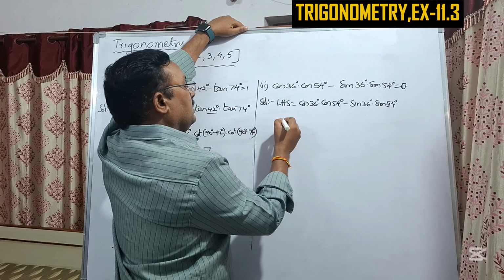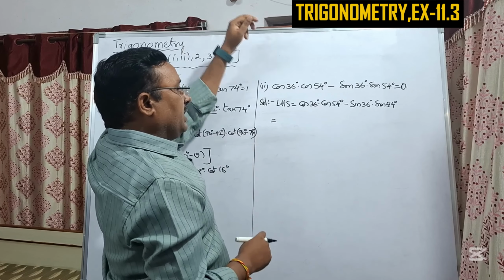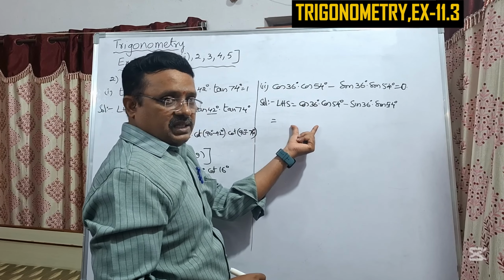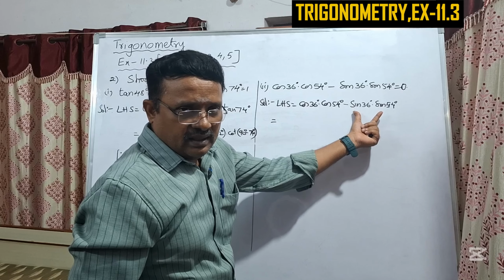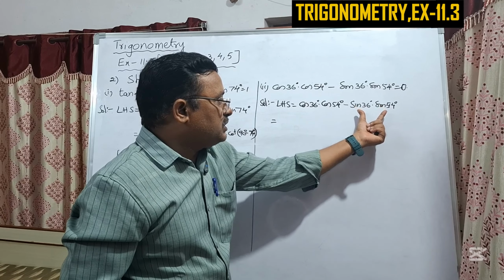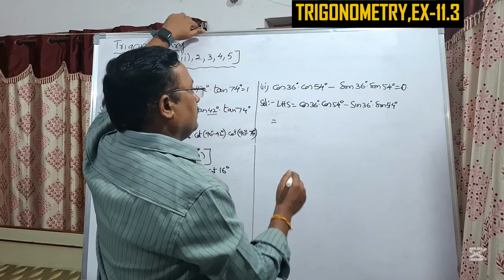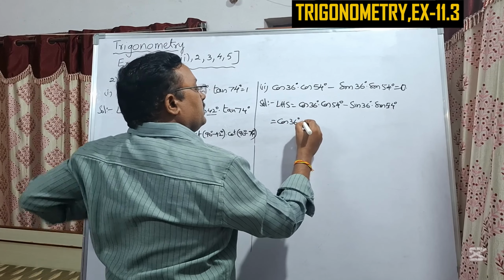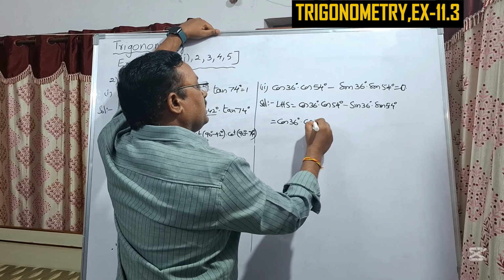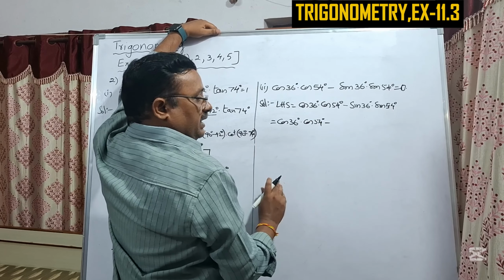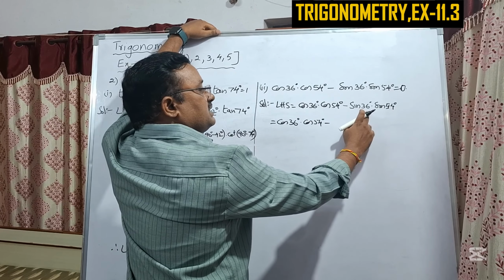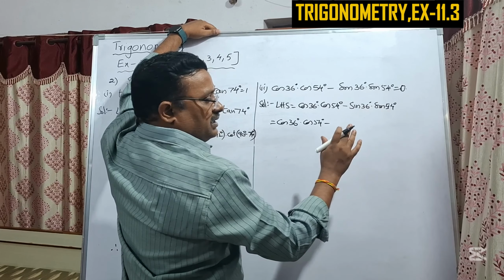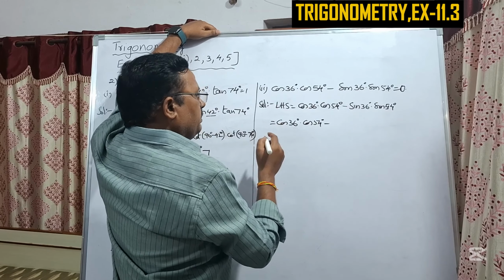That is LHS. So how do we simplify? I want to take these two terms as it is and apply the complementary relation to these two terms. This is cos 36 degrees as it is into cos 54 degrees also as it is, minus sin 36 degrees into sin 54 degrees, which are going to change using the complementary property.